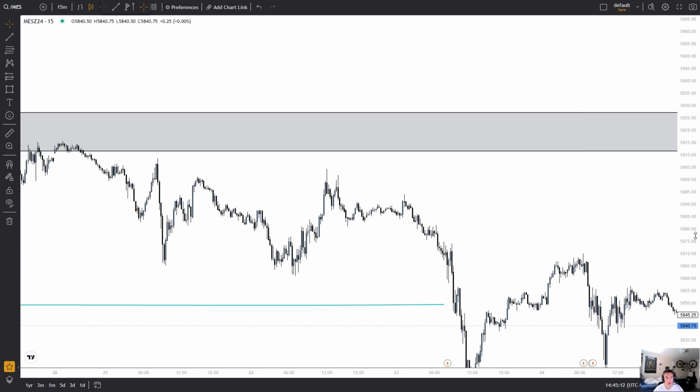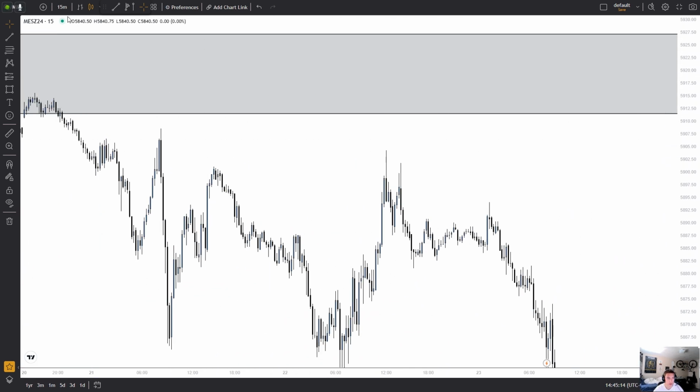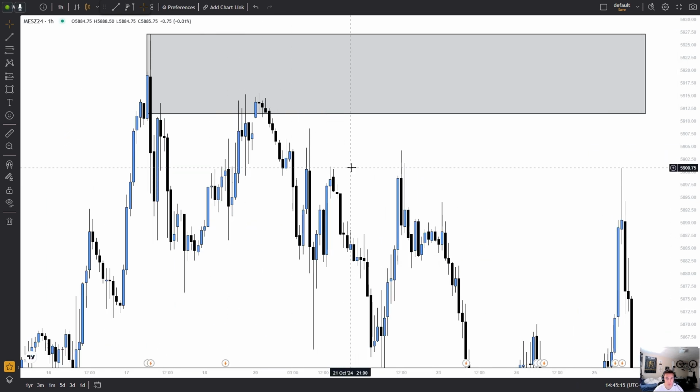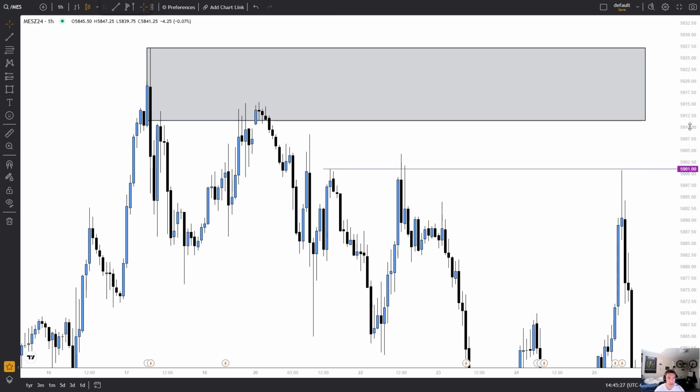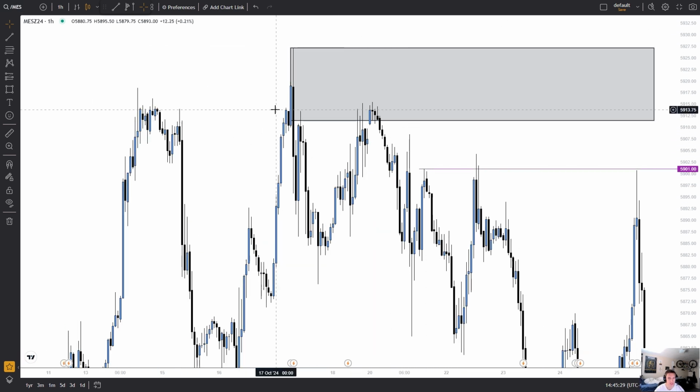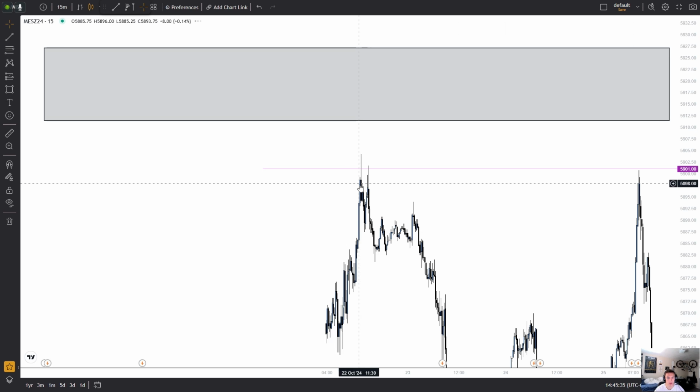Now, if we look closer, we have hourly liquidity up here. Honestly, I'm not a big fan of using hourly order blocks. You can, but it's very hard to get a precise setup. So I like 15 and 30-minute order blocks.